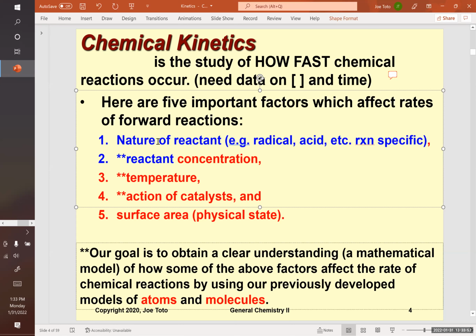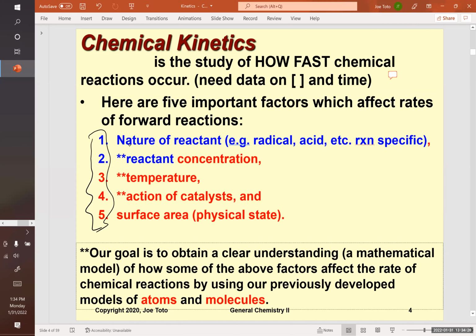That's important for understanding the kinetics, but we're not going to model that or talk too much besides just mentioning that's a certain category of reactions, and that may have drastically different rates than others.